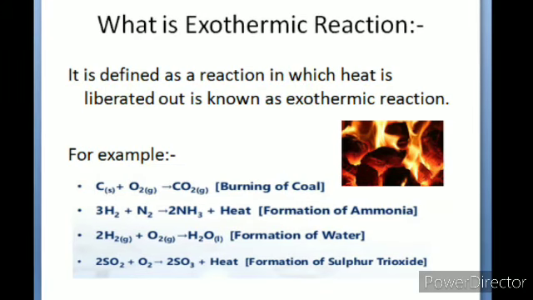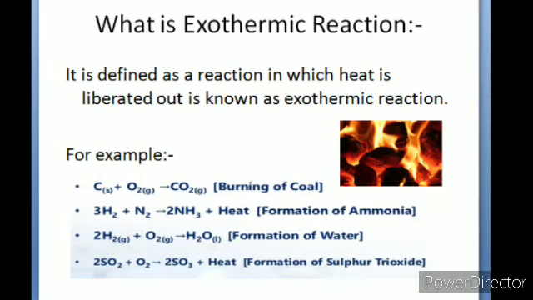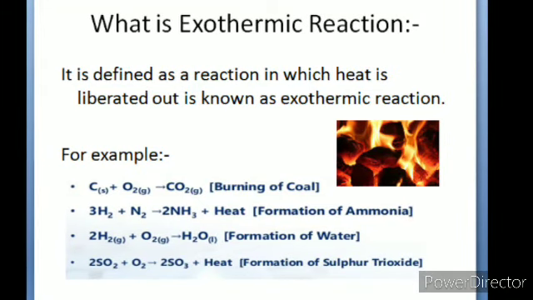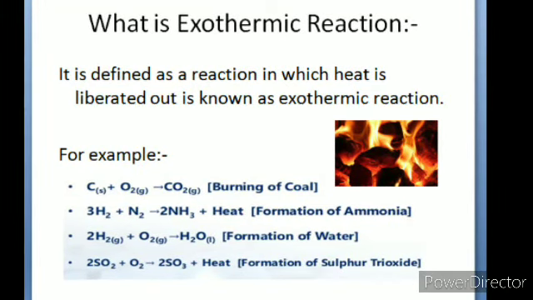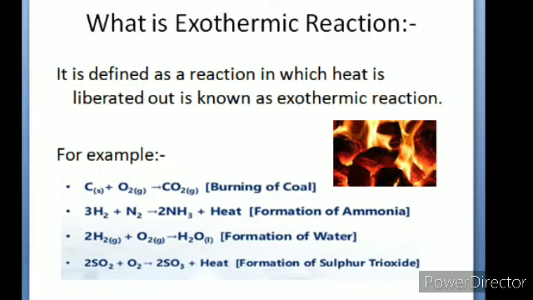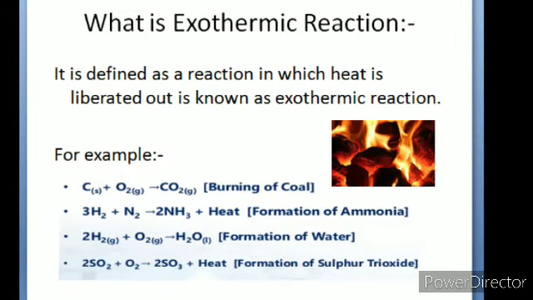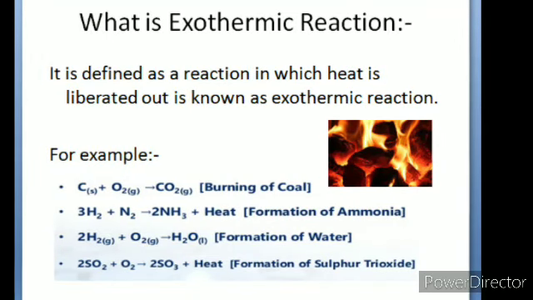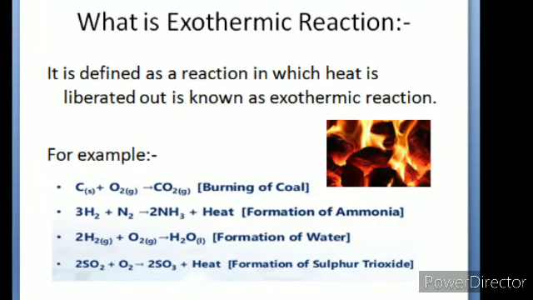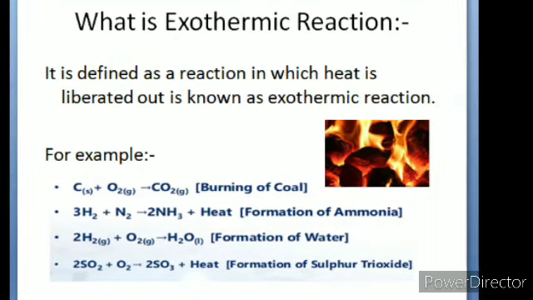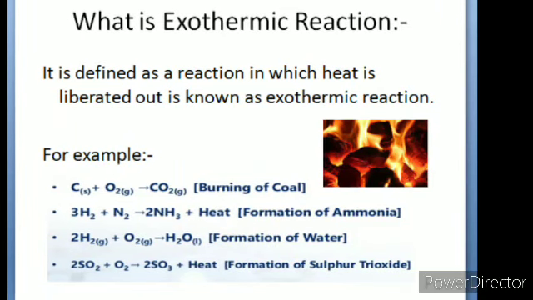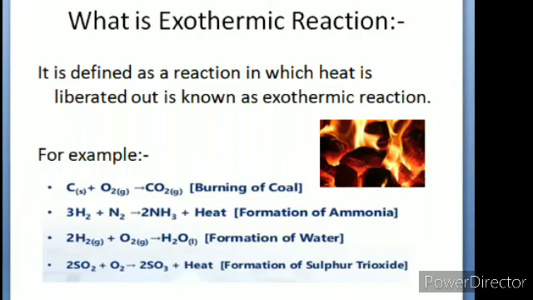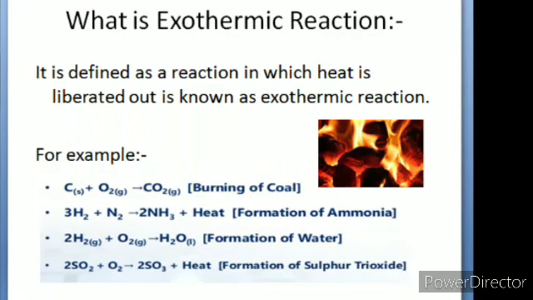When water is formed by the combination of hydrogen and oxygen gas, a large amount of heat is liberated. Similarly, sulfur trioxide formation. When sulfur dioxide reacts with oxygen gas, it forms sulfur trioxide along with the liberation of a large amount of heat. So these are the four examples of exothermic reaction.